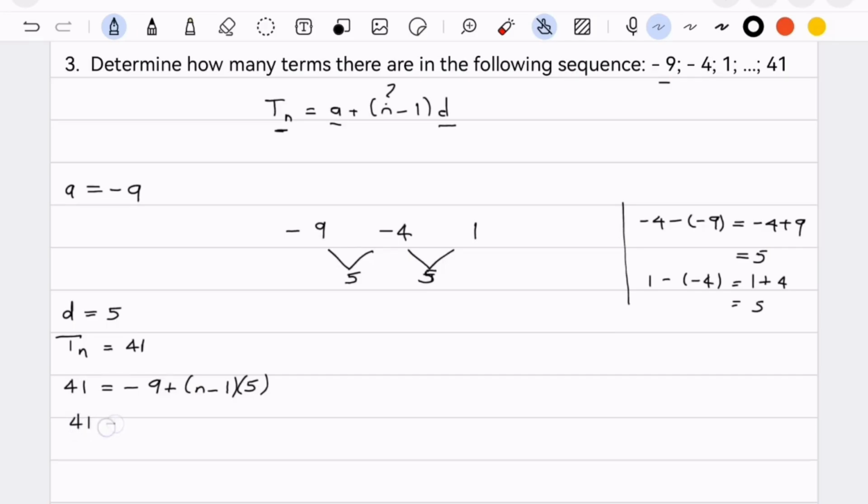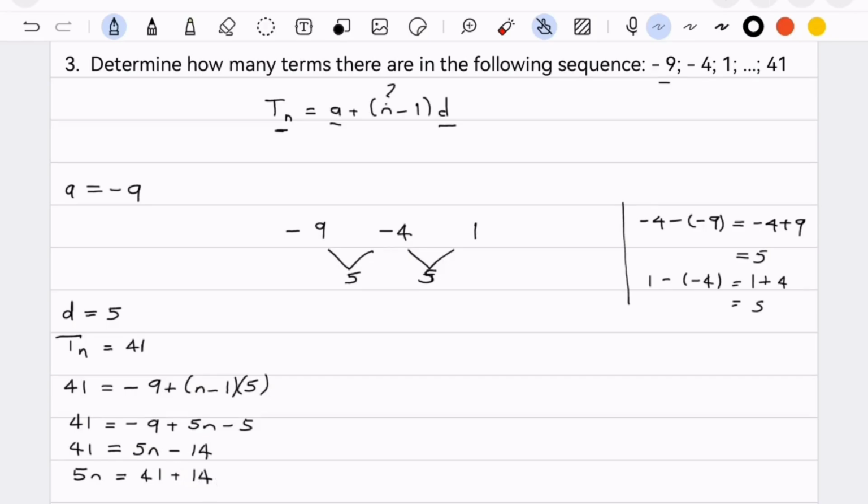So 41 equals -9 plus 5n minus 5, right? So it will give us 5n, -9 minus 5, that will give us -14, right? And then 5n will be 41 plus 14.